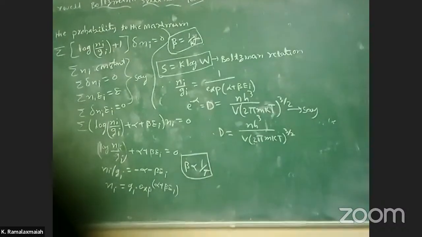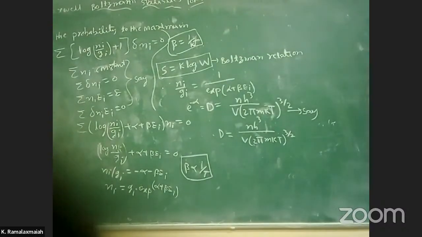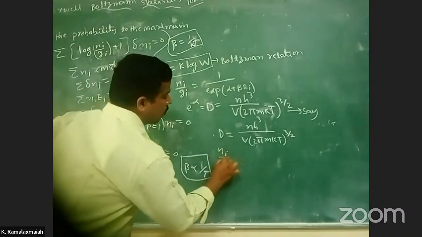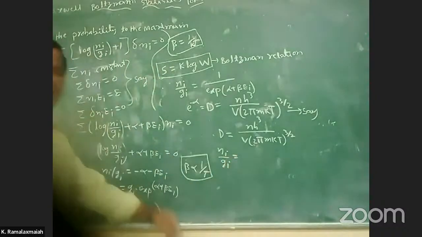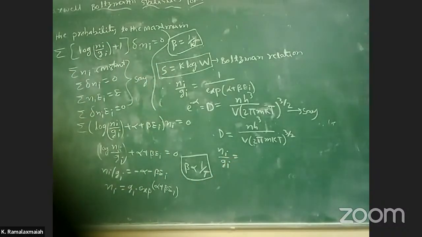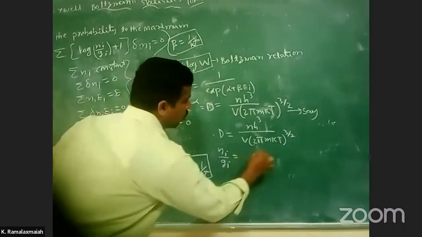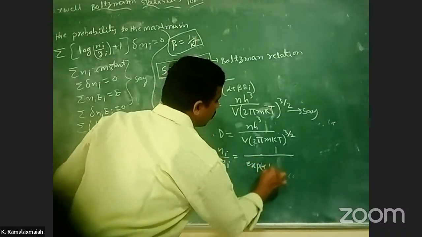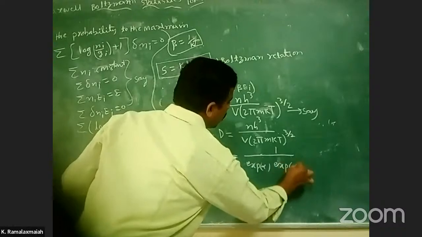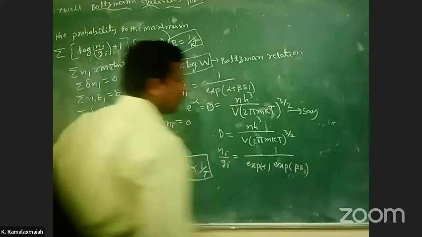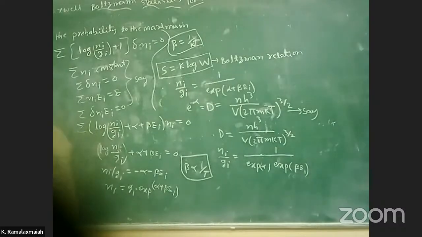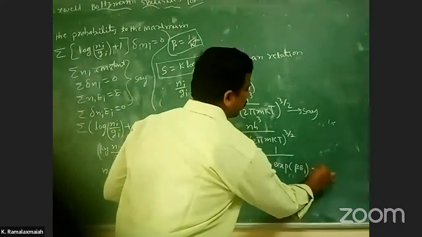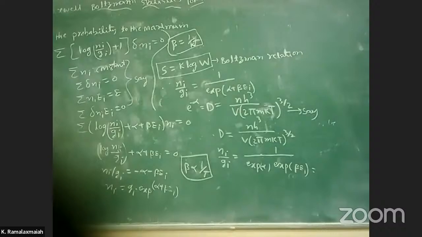So you multiply this: ni by gi is equal to 1 by exponential alpha, exponential beta ei, is equal to what?